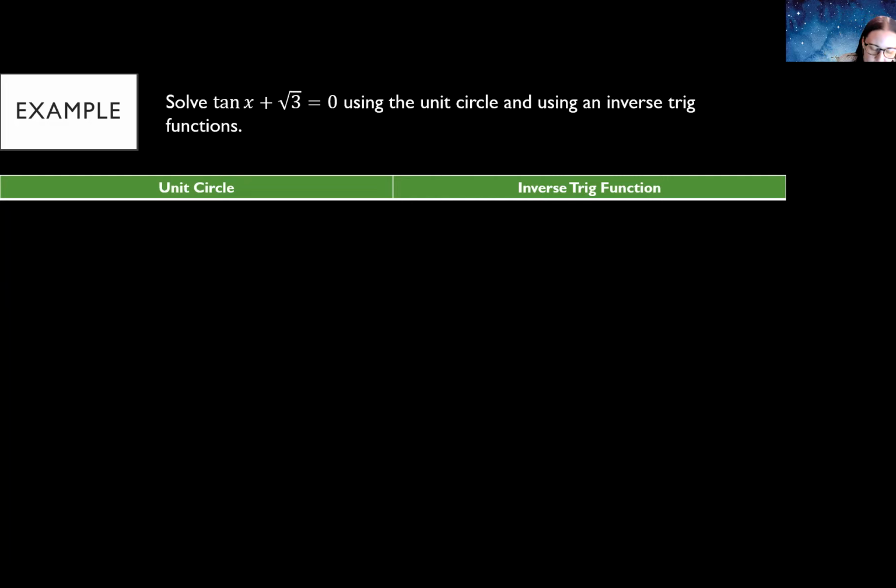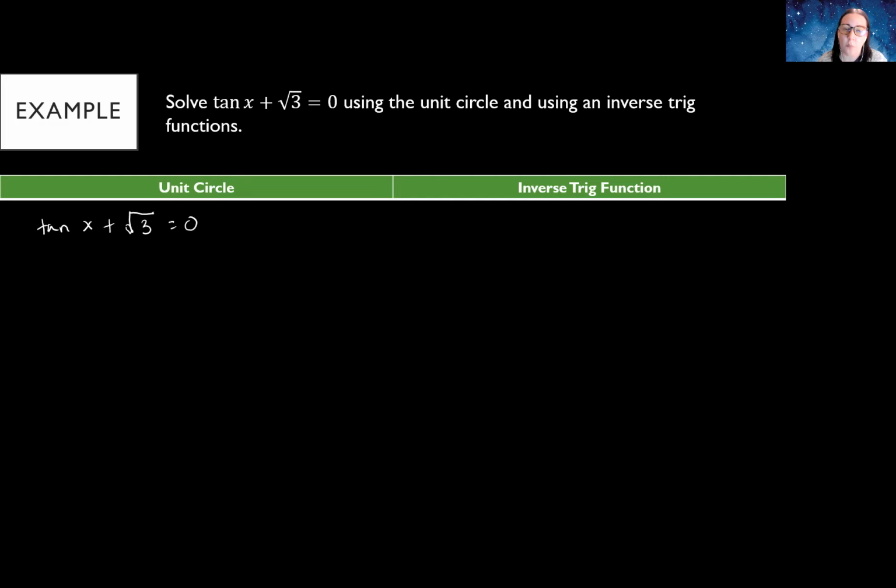So first off, if we were solving this with the unit circle, let's just start with what we've got. We've got the tangent of x plus the square root of 3 equals 0. And so we want to get tangent by itself.